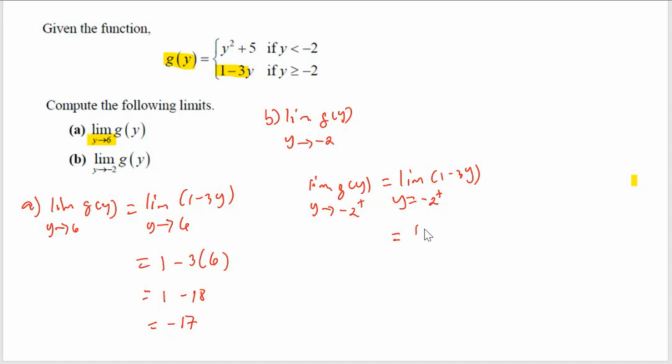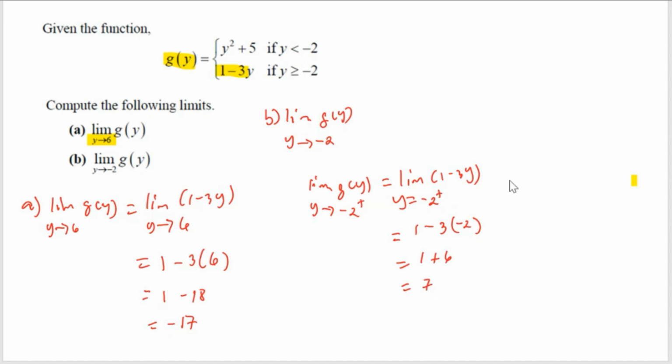Now, the second term, minus the limit of negative 3y as y approaches negative 2 from the right. Write first the coefficient, and then the value of y is negative 2, so times negative 2. Therefore, 1 plus 6 is now 7.